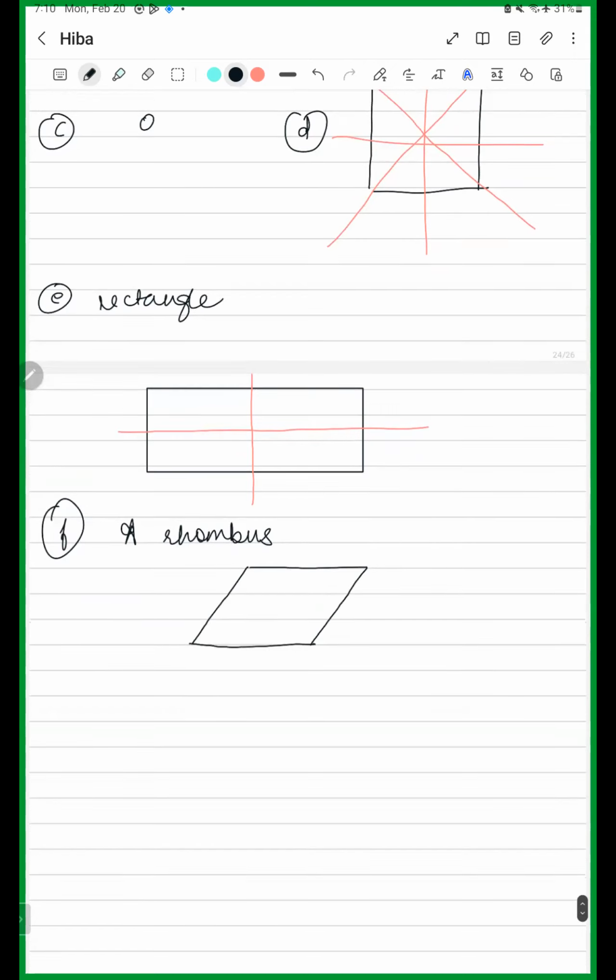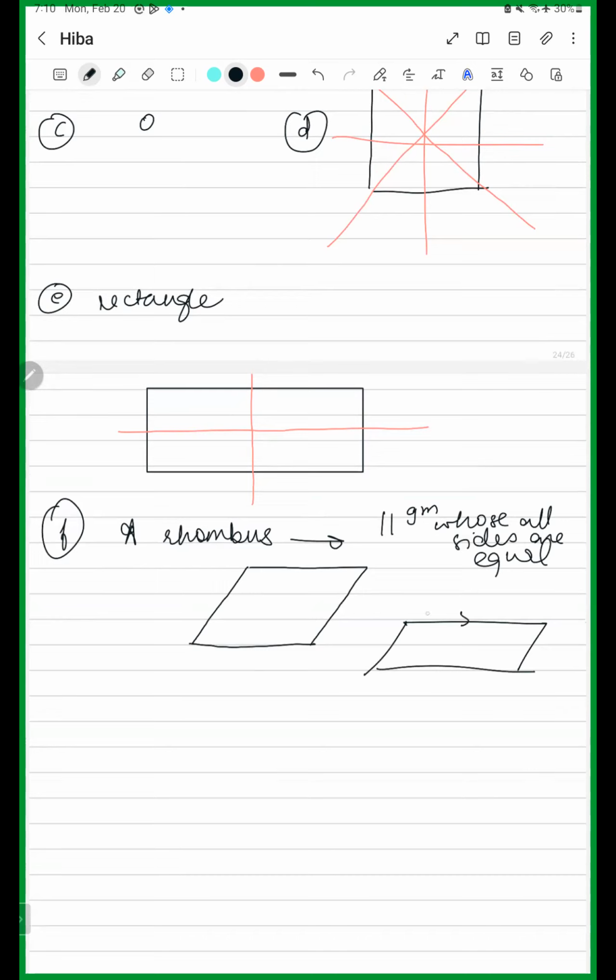Yes, a rhombus is a parallelogram whose all sides are equal. So, let's say you have a parallelogram like this. This is not a rhombus. Why? Because this side is longer than this side. है ना? इसी में आप सारे sides को अगर equal कर देंगी, so that will become a rhombus.